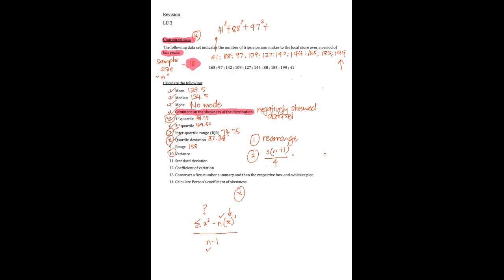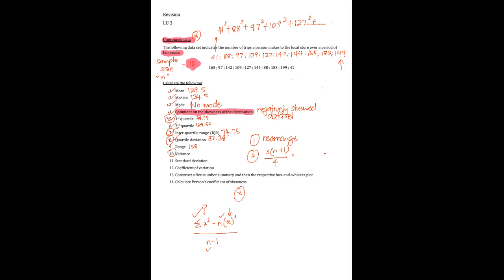You'll do that for all of the numbers. You'll continue adding till you get to the last one, and that's going to be finally your sum of x squared. So we know how to calculate the sum of x squared, and the mean we already have because we calculated it in question 1.